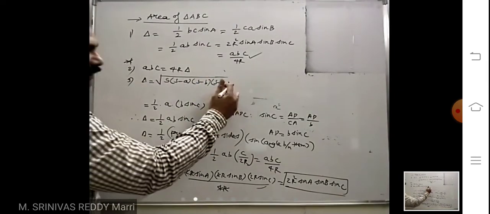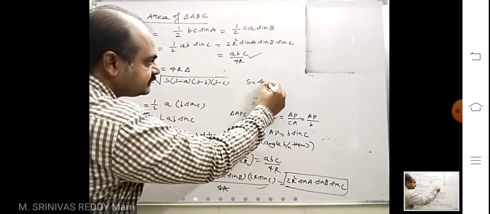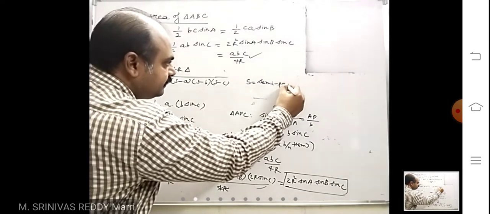Here s is the semi-perimeter, as I told in the first class itself.